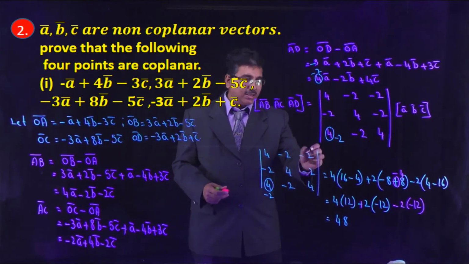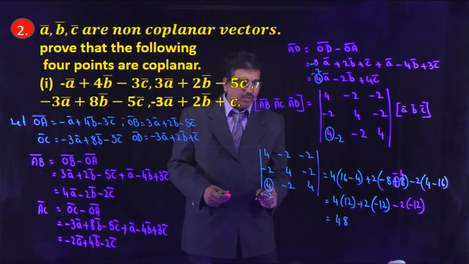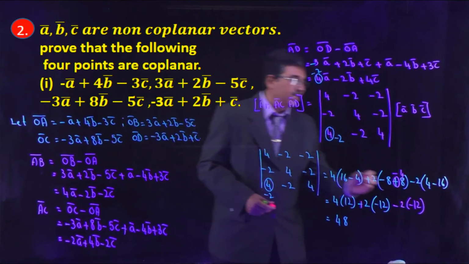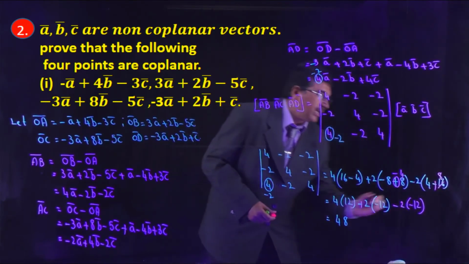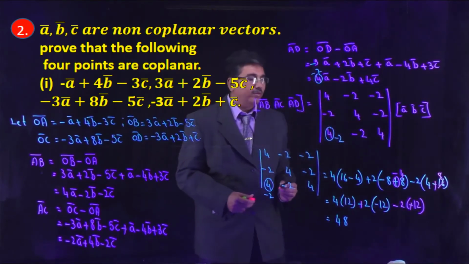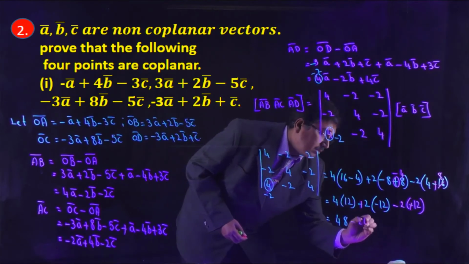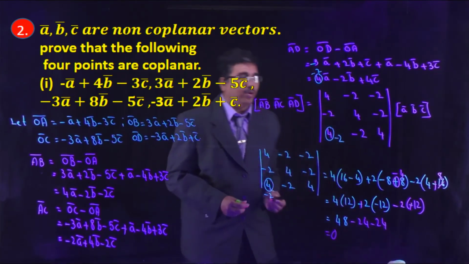In this also minus 2 into minus 2 into minus 2 plus 4 plus 4 into 2, 8. This is plus 8, so this is plus 12. Now 48 minus 24 minus 24, that is equal to 0.